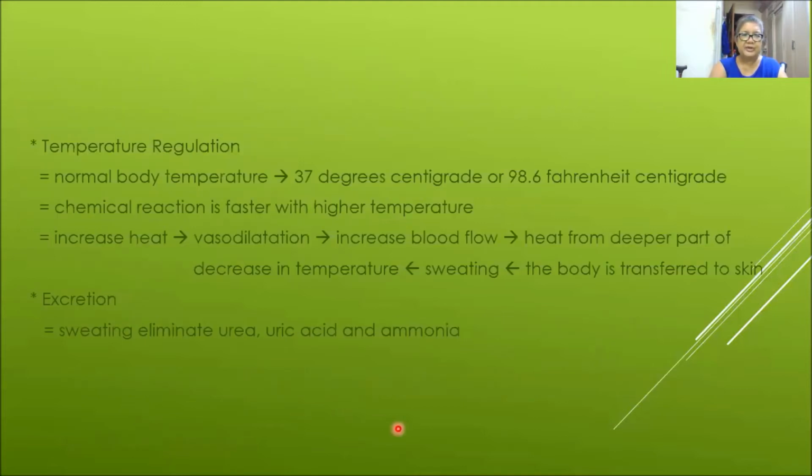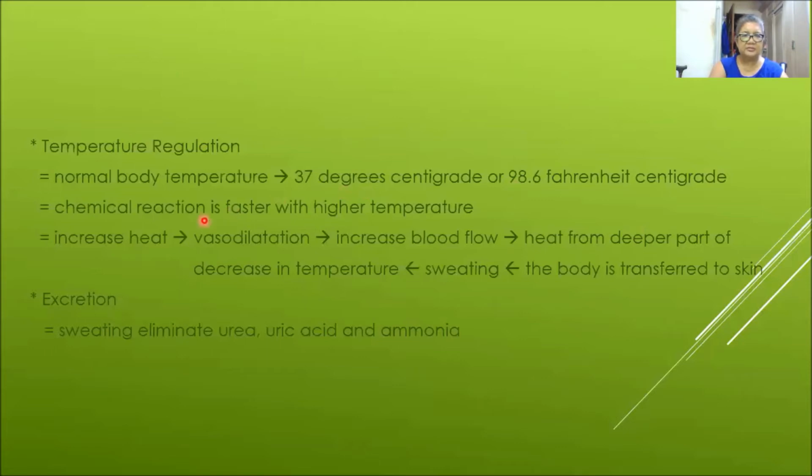Your temperature regulation of the integumentary system is brought about by chemical reaction, wherein the chemical reaction is faster when the temperature is higher. So the normal body temperature is 37 degrees centigrade or 98.6 Fahrenheit.